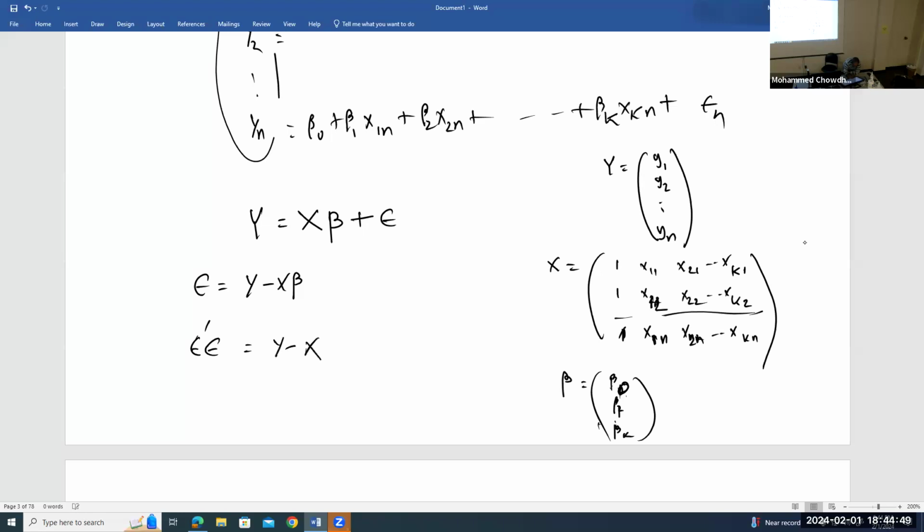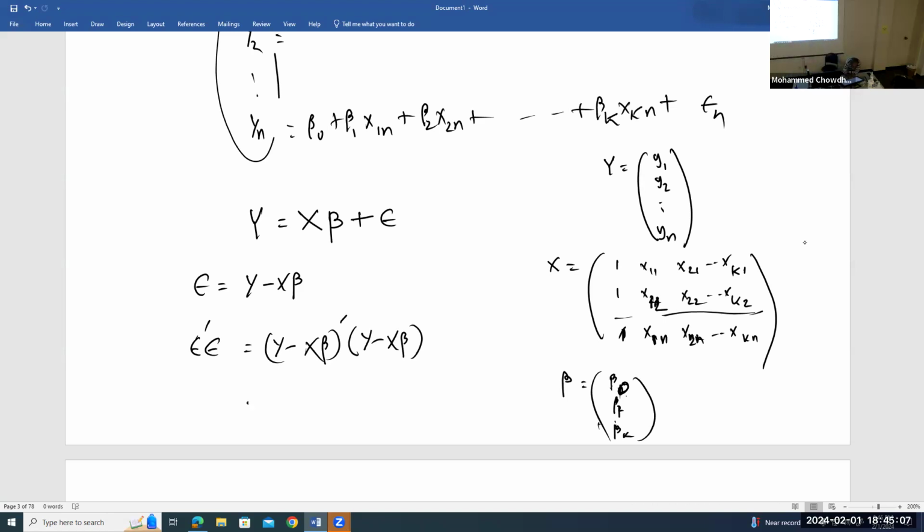then we have something like this. If I take a transpose on there, this equal to this, and there is a transpose in there. Okay.